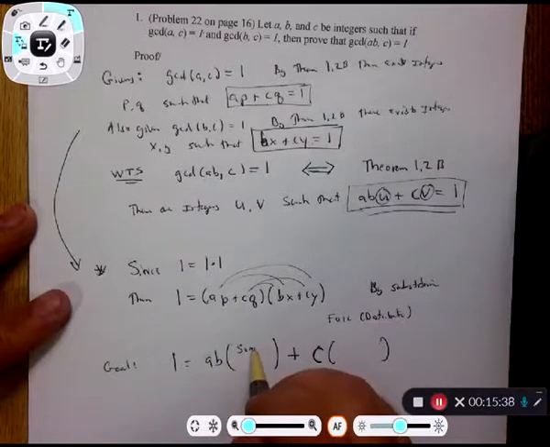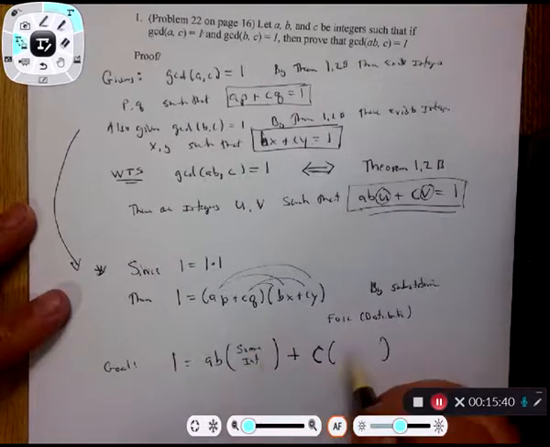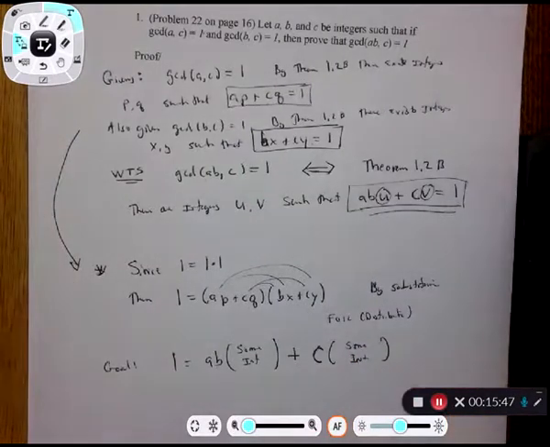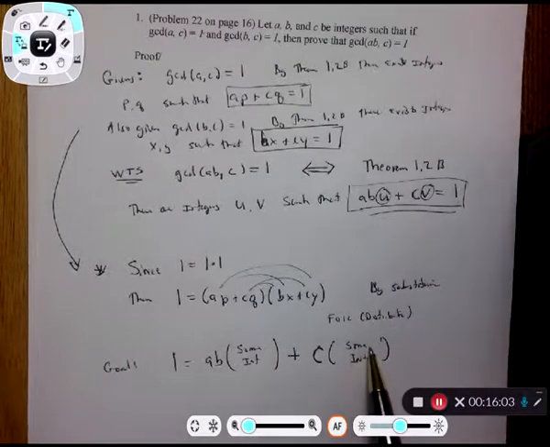This one needs to be some integer. And just like you did in the last homework set, which by the way I posted the solutions for, since X, Y, U, and V are integers, then whatever goes here is an integer. And since A, B, C, and U and V are all integers, then this is going to be an integer.